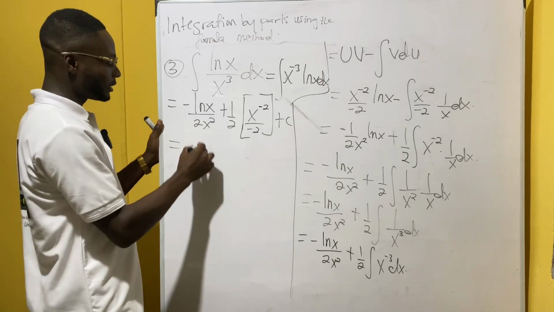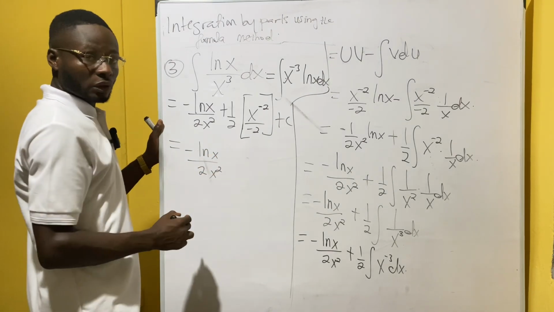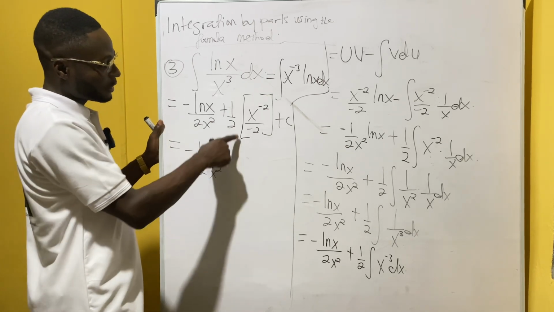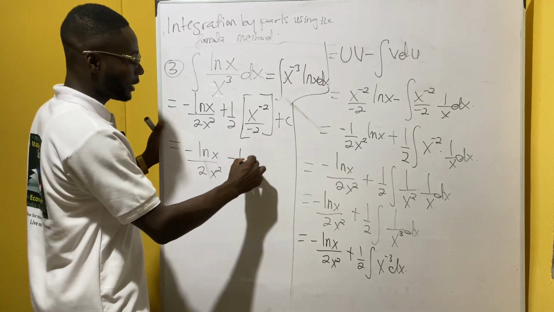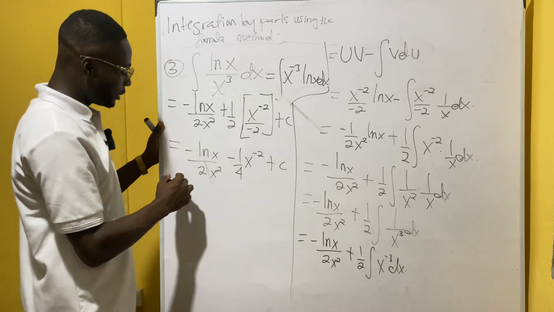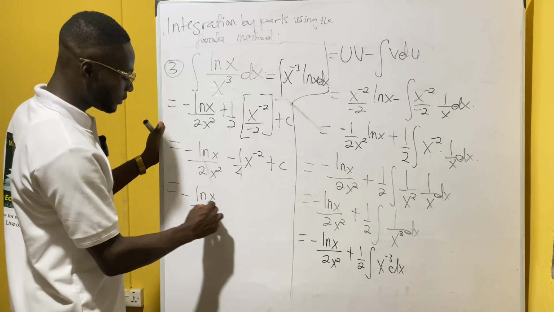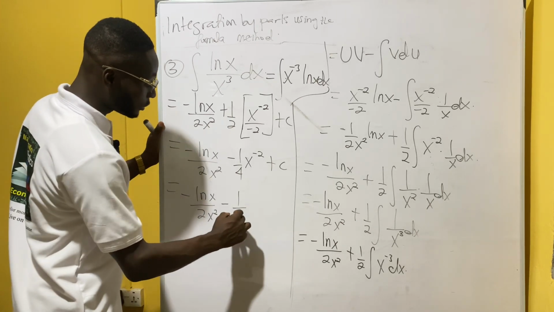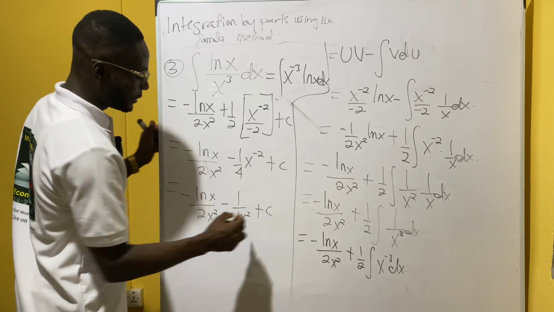So we have right here negative ln x on 2x squared plus, so this right here we're going to have negative 1 on 4 x power negative 2 plus c, right? So this right here we can see that we are going to have negative ln x on 2x squared minus 1 on 4x squared plus c.